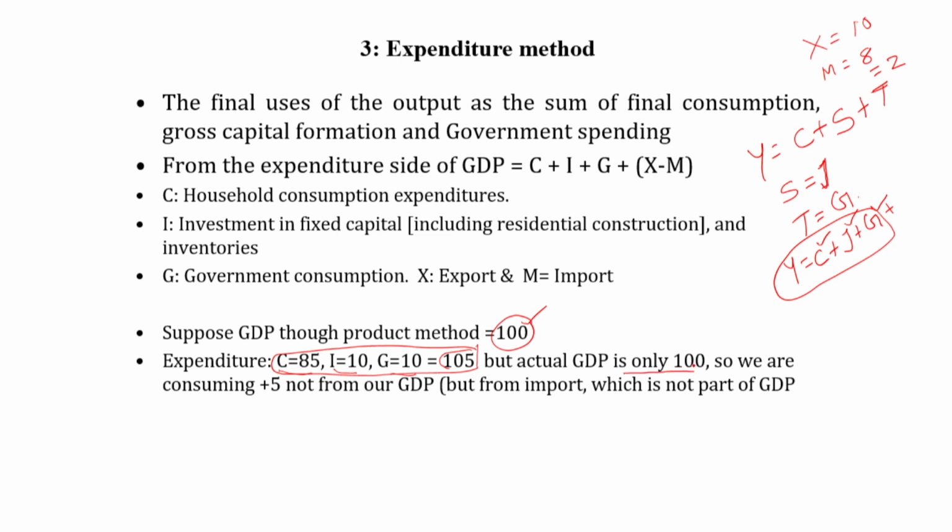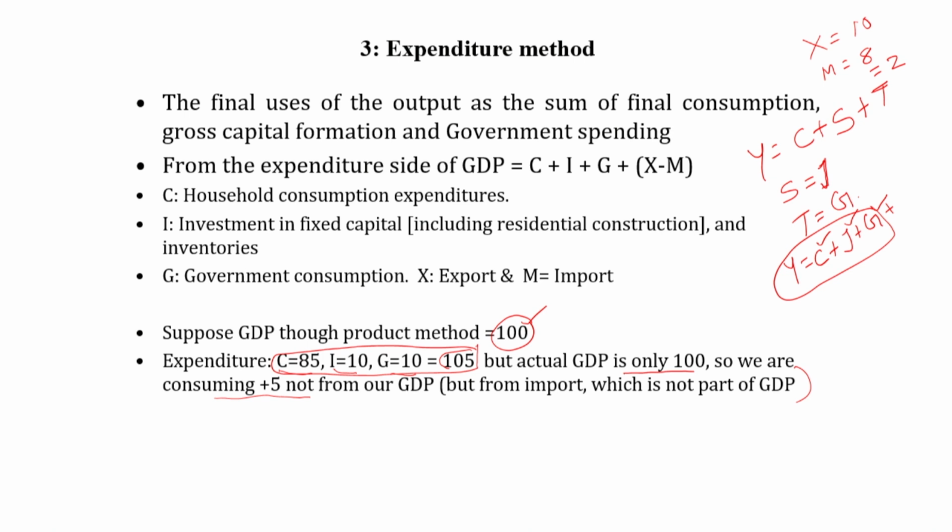So in this example we are consuming 5 extra, not from our GDP but from import, which is not part of the GDP, because GDP means the goods and services produced within the domestic territory of a country.